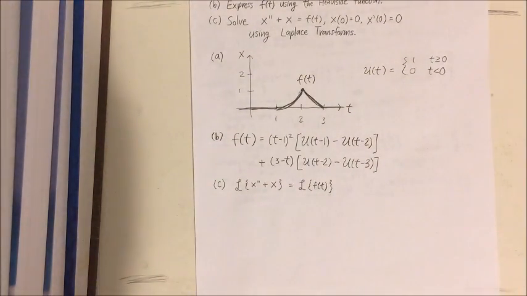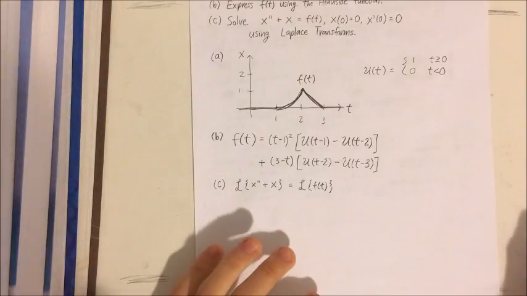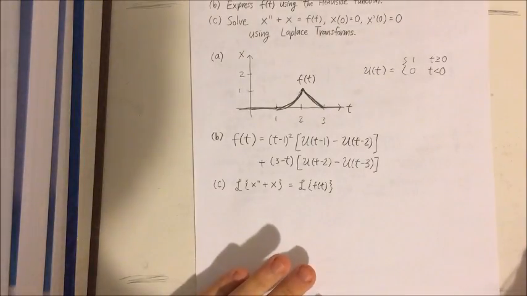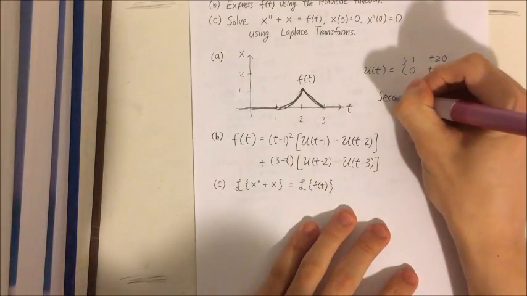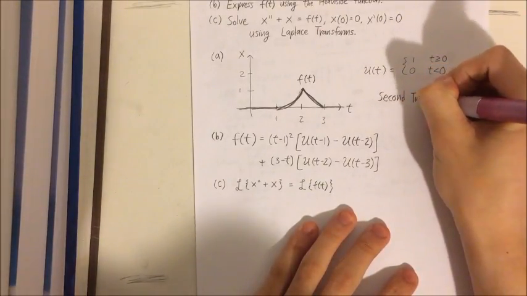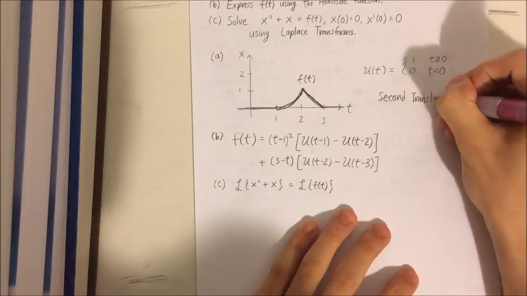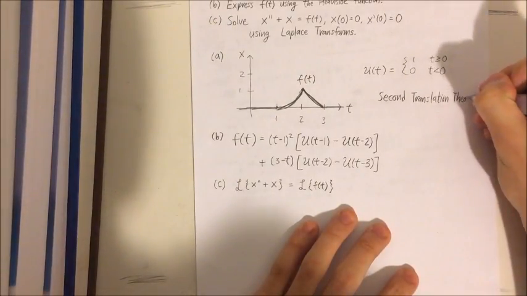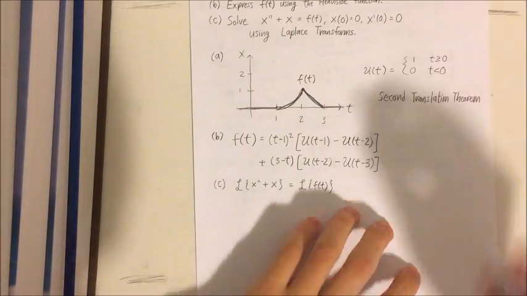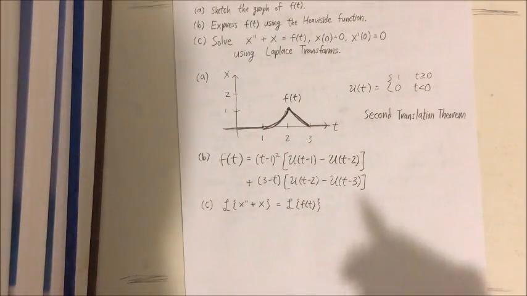I'm going to take a little aside. What is the principle that we're going to use in order to evaluate these Laplace transforms? Well, we have something called the second translation theorem. This will relate our Laplace transforms and our unit step functions by a power of e.